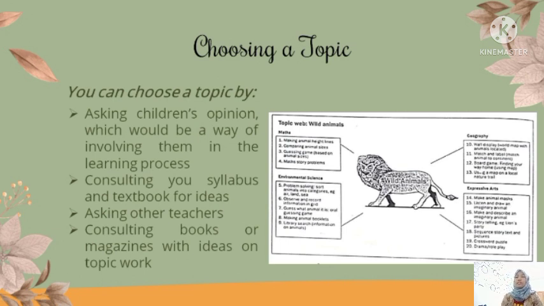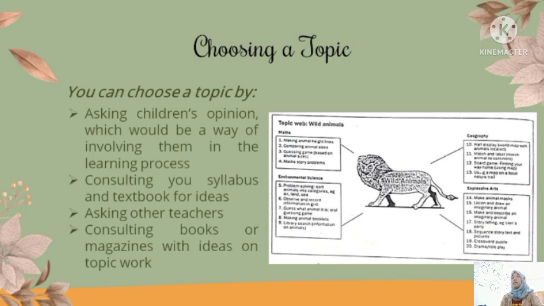Then geography, like a wall display of a world map with animals located, and the last one is expressive arts, such as making animal masks, listening and drawing an imaginary animal.